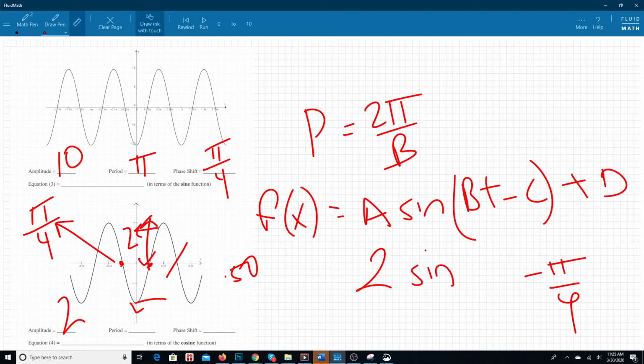we would have another graph that looks like this.